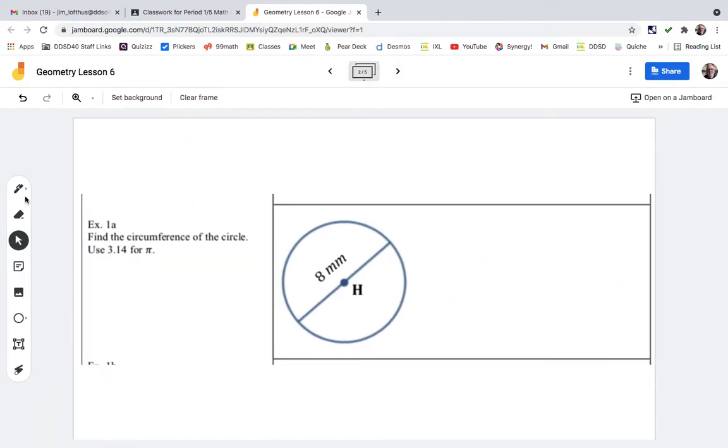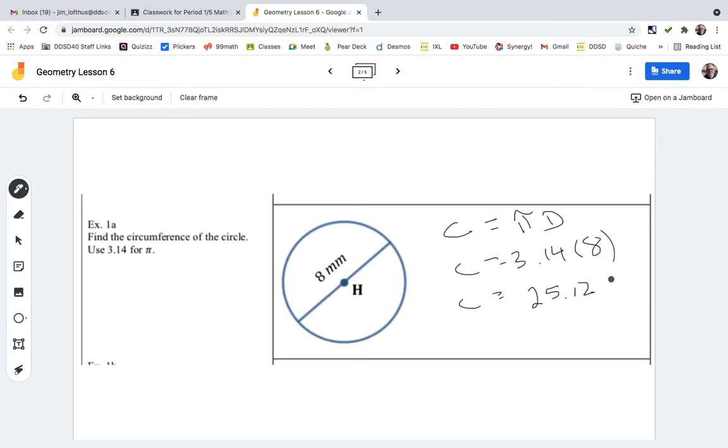Circumference equals pi times diameter. Circumference is 3.14 times 8. It's 25.12, and that is in millimeters.